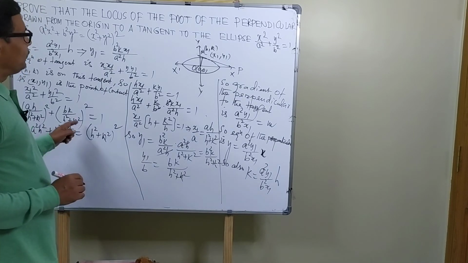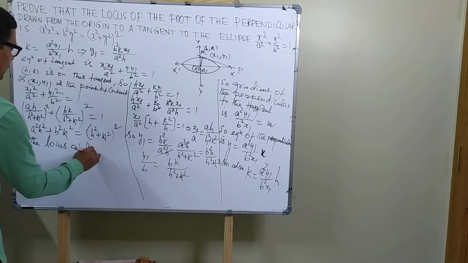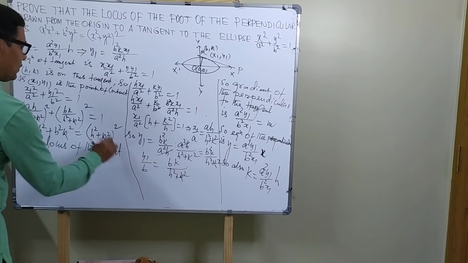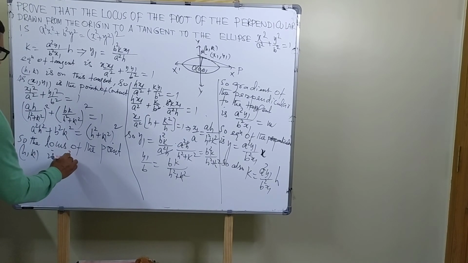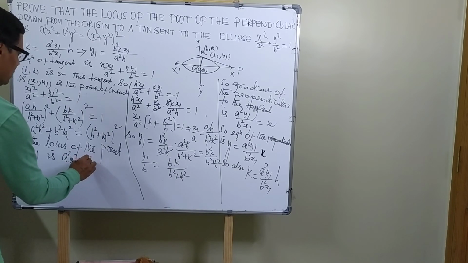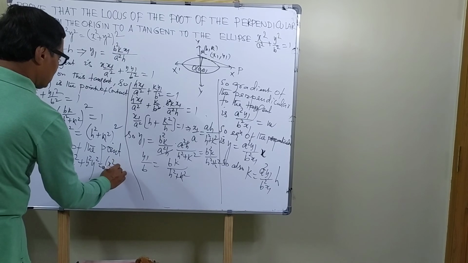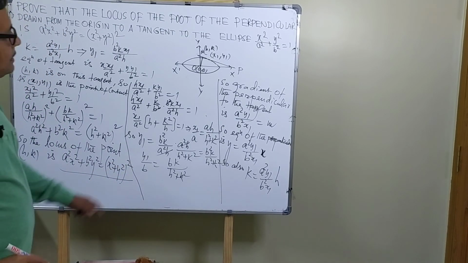So the locus of the point (h, k) is a square x square plus b square y square equal to x square plus y square whole square. This is the locus of the point (h, k).